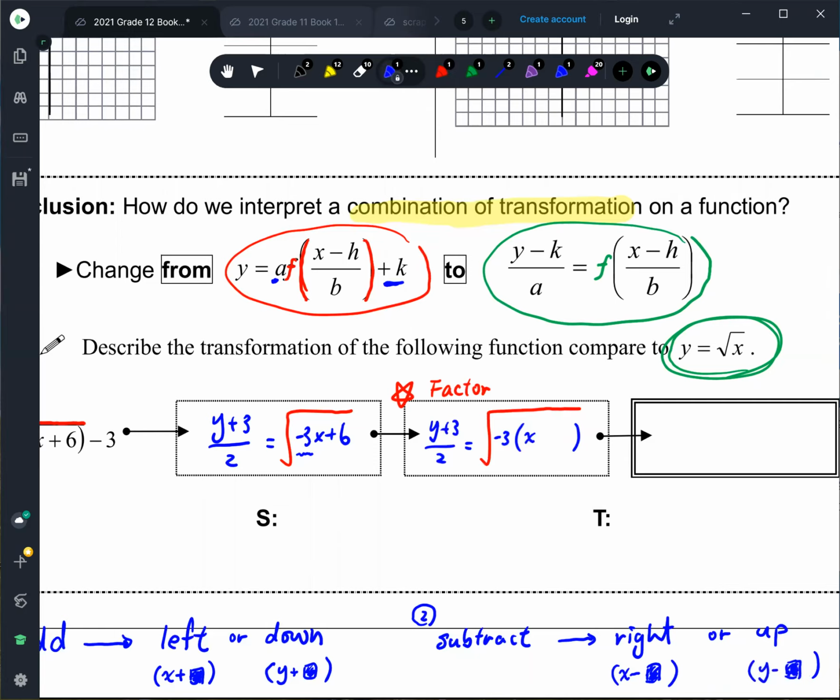After you take out -3, what should be left in the bracket? Chris? -2. Yeah, should be x minus 2, right? When you factor it out, it means you divide by a -3. Okay, 6 divided by -3, you get -2.